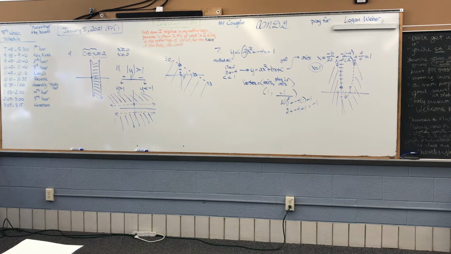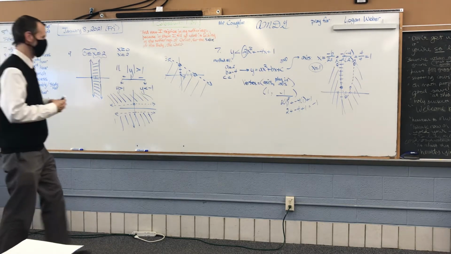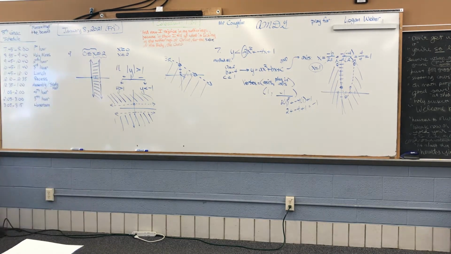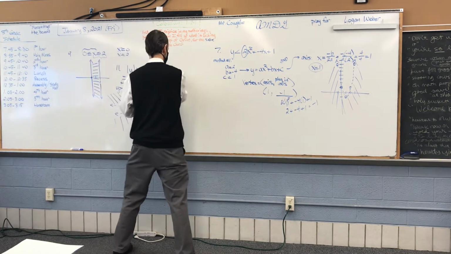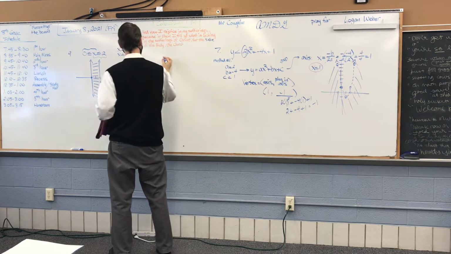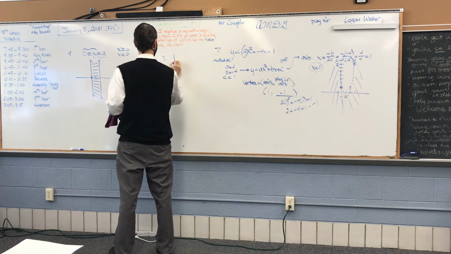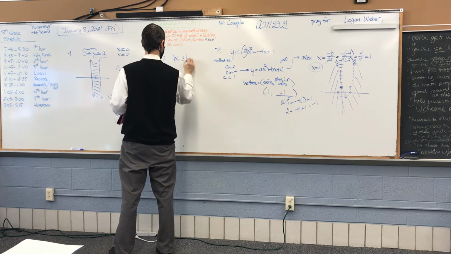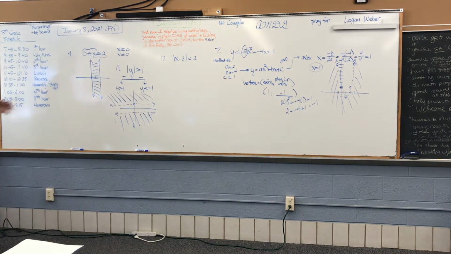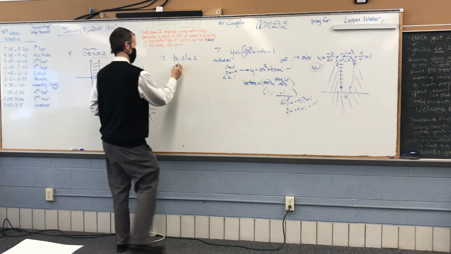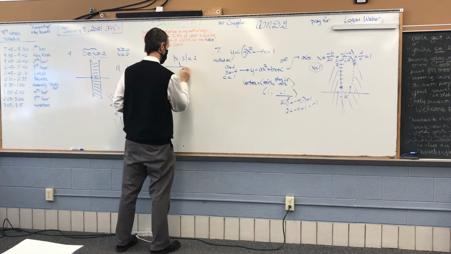Number 13, last one. Absolute value of x minus 3 is less than 2. Let's try it. Again, I would split this. You can't graph it yet until you solve it.